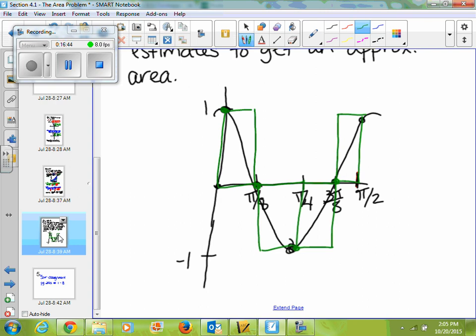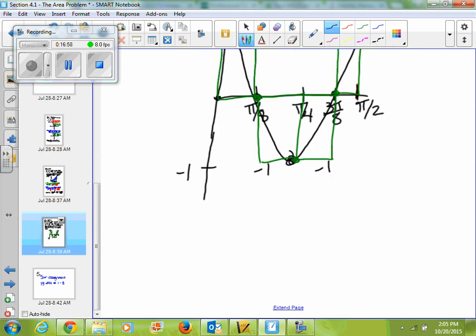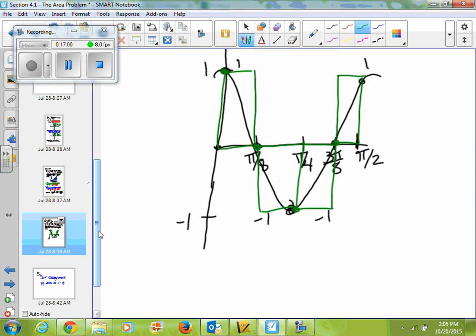So I know my height at this rectangle is 1. I know my height at my second rectangle is -1, -1, and +1. So if I start with my first rectangle, I have a length of pi over 8 and a height of 1.